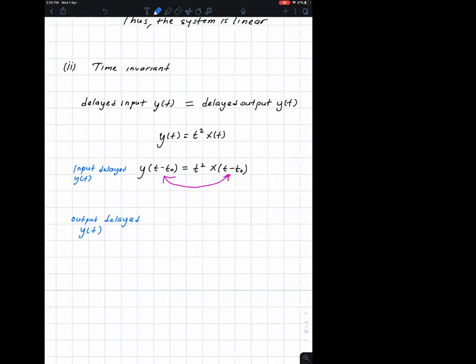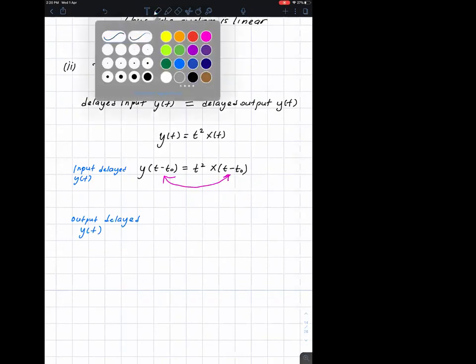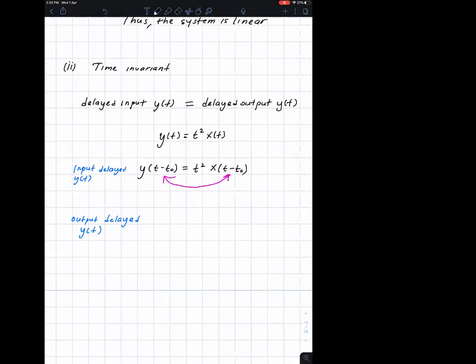For output delayed y(t), you're going to delay the output. So this is your original equation.